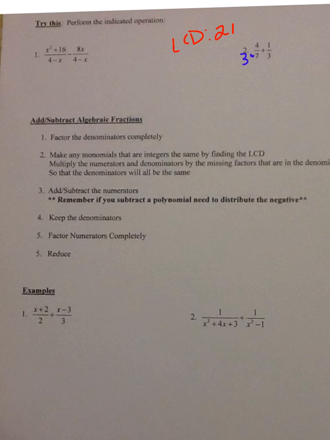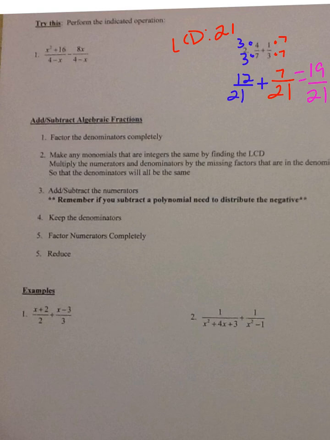Whatever you multiply the denominator by, you have to multiply the numerator by. So I'll multiply the 4 by 3, giving me 12 over 21, plus. I multiply the 3 by 7 to get 21, and that means I multiply the numerator by 7, so I get 7 over 21. I add the numerators, keep the denominator, so that's 19 over 21.